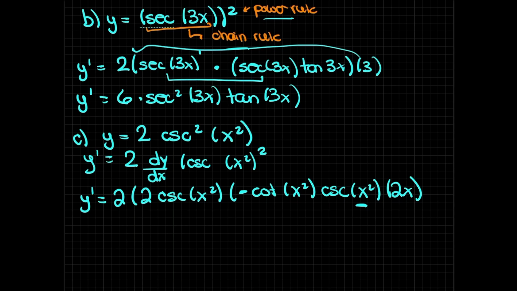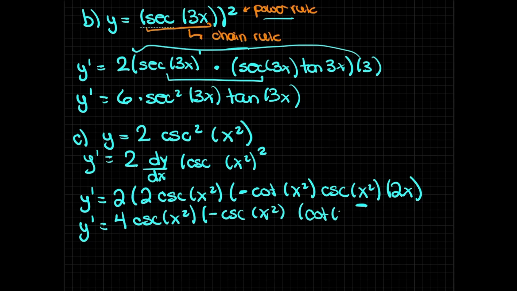So if we do a little bit of simplifying here, collecting some like terms, doing some multiplication, I can multiply 2 times 2, that gives me 4 cosecant x squared times negative cosecant x squared times cotan x squared, all times 2x on the end.